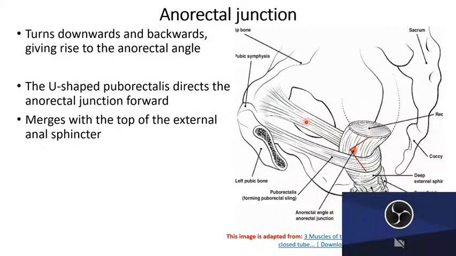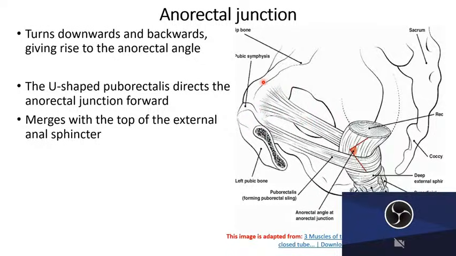And then we went further to classify the levator ani muscles into basically two: the pubococcygeus and the ischio-iliococcygeus muscles. And we were able to define the origin.